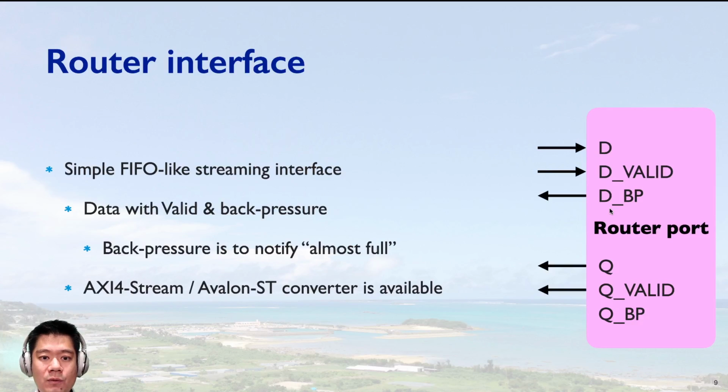The router to accelerator interface is a very simple pipe-like streaming interface. It consists of a data signal, valid signal, and back pressure signal. Any PE has at least one interface to the router.